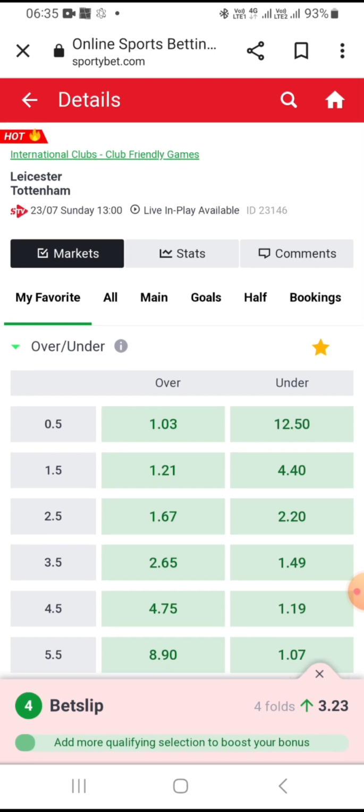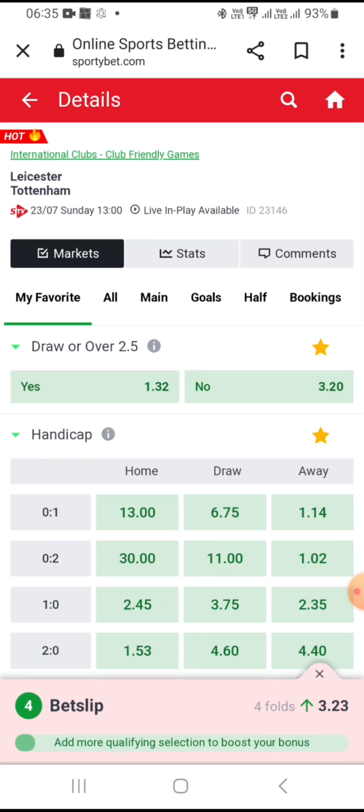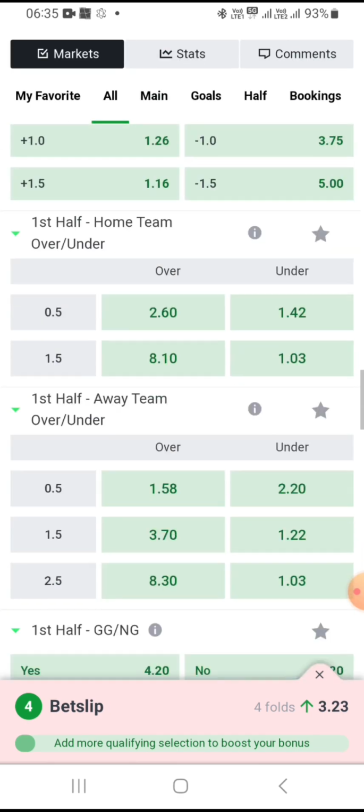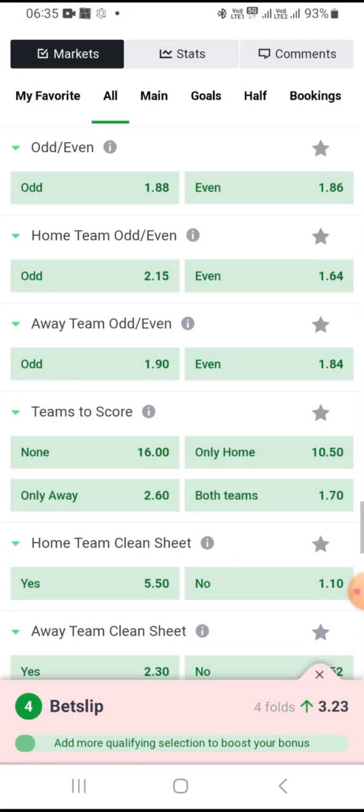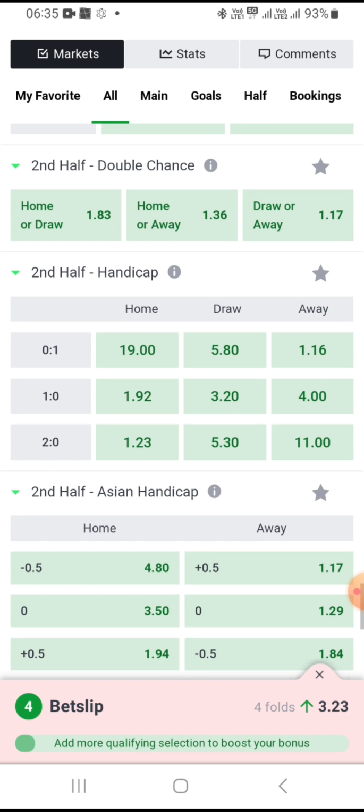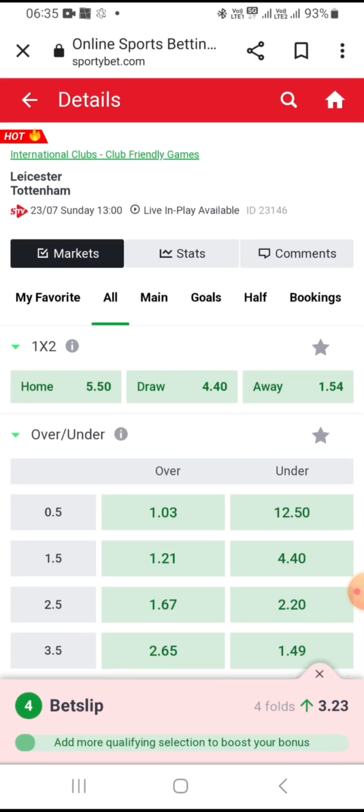Okay, so normally after my favorite, you get all the games situated in this All tab, but you cannot be scrolling and searching here. It becomes frustrating.